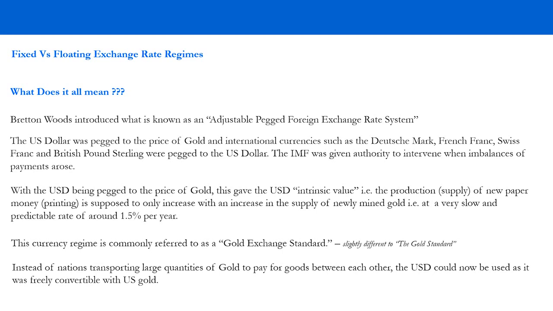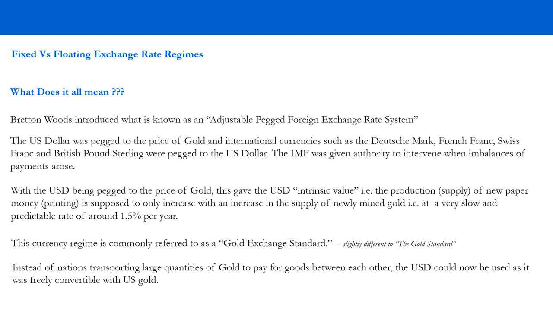This basically takes the responsibility of money printing out of the hands of central authorities. So if a 1.5% increase in the supply of gold occurs one year, then the amount of notes in circulation, the amount of money, can increase by the same amount. And this currency regime is commonly referred to as a gold exchange standard.